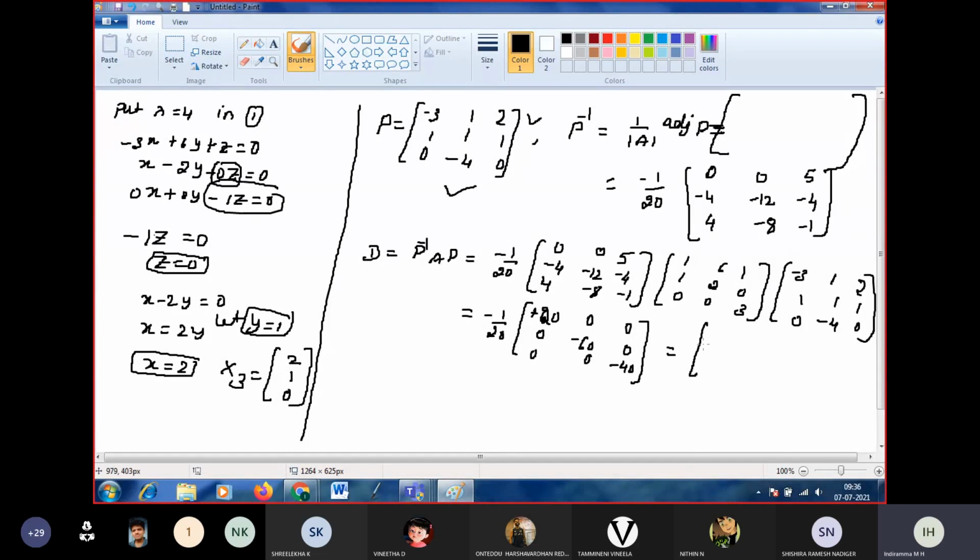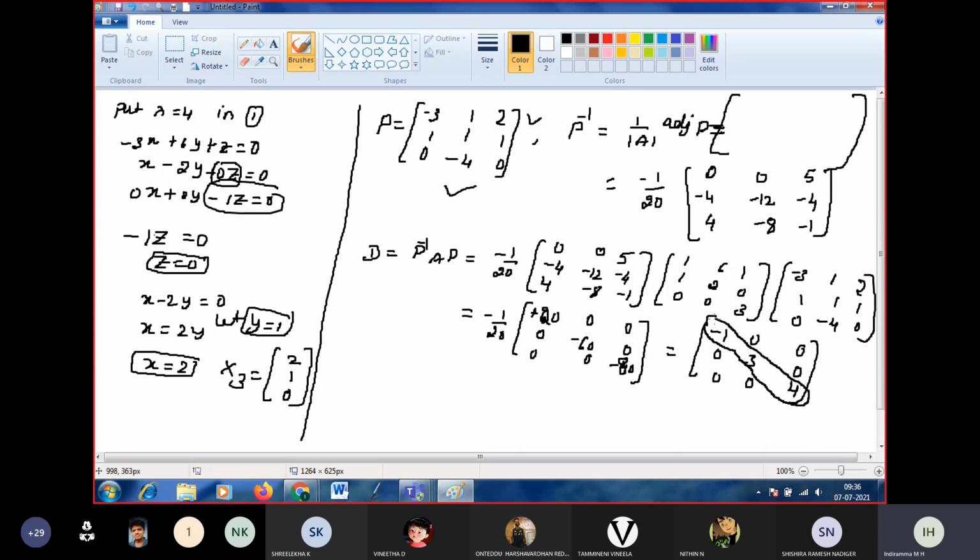You will get 20 by -20, that is -1, 0, 0; 0, -60 by -20, that is 3, 0; 0, 0, and then sorry, it is 80, not 40, so 80 by -20, you will get 4. So this is the diagonal matrix we got.